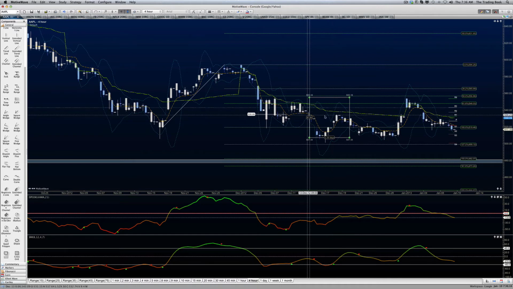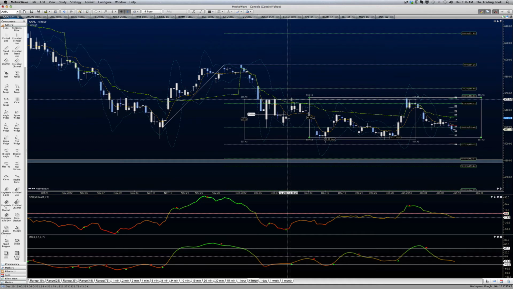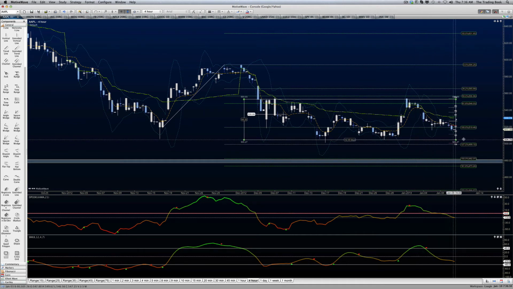If this is the bottom of the box, sorry, watching me do this, I would say that's probably the top of the box. Bottom of the box a little messy. Let's just use the candlestick closes or opens to help us with that.